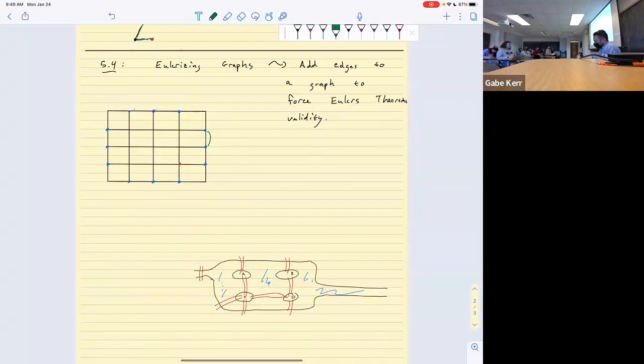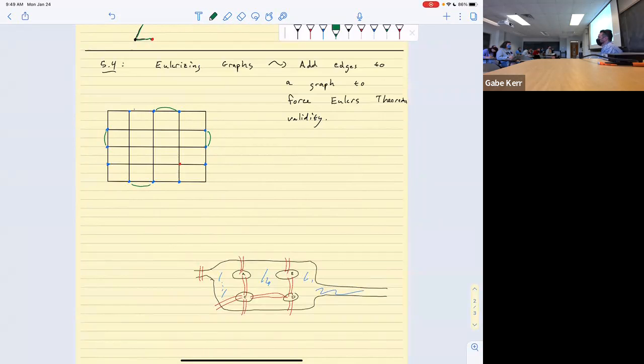Is that clear? I can do that up here too, and over here. So I've taken care of 8 of the problem vertices. Now they were odd, now they're even. However, I still have 4 left.